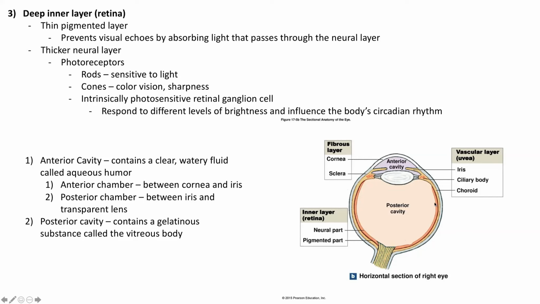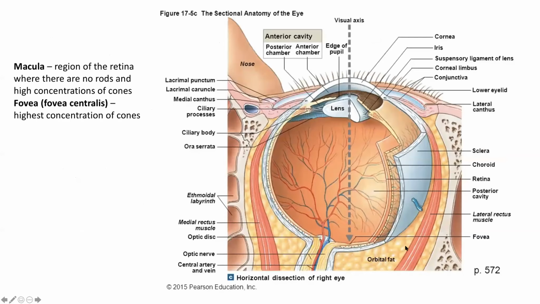And then we have the two layers here. This red part here is the neural layer, so that's deeper into the eye. And then we have the pigmented layer right outside of that, that black part. So when the light comes through the eye, it comes through the lens, goes through the neural layer, and is absorbed into the pigmented layer.